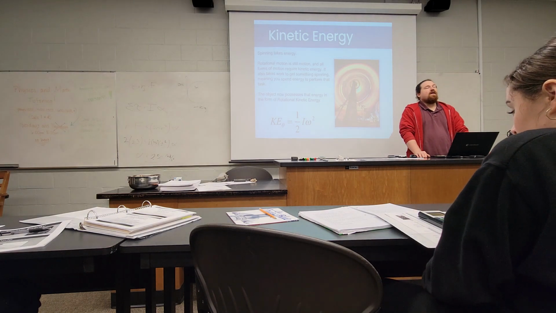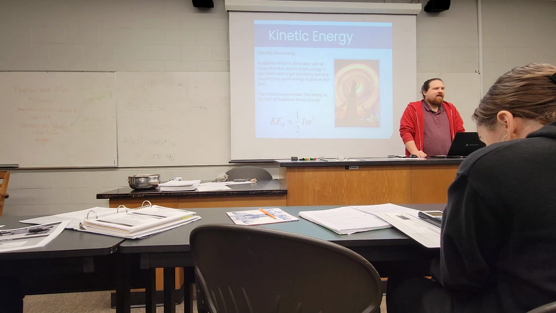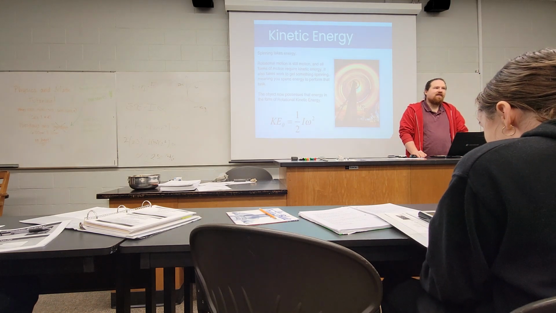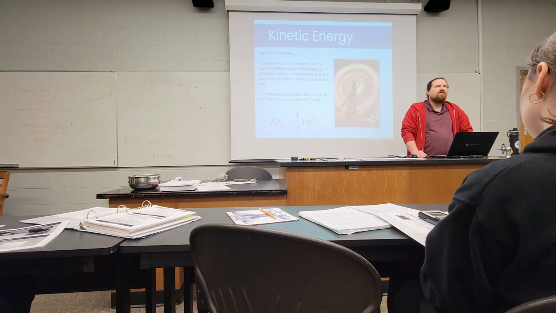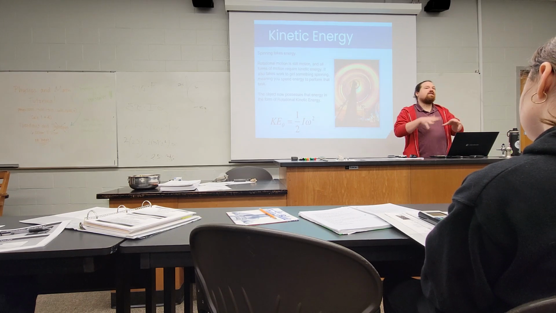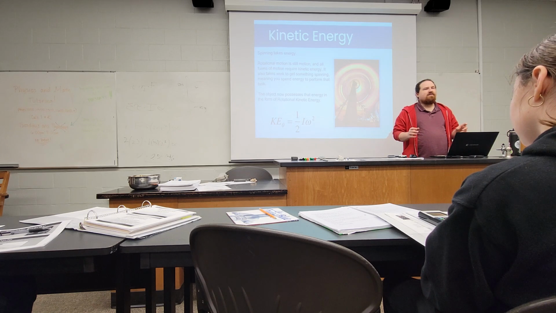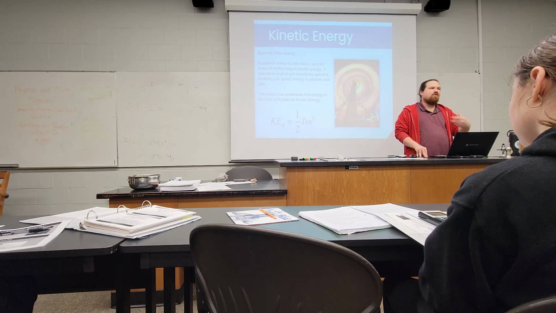All right. Now, angular kinetic energy makes itself known in a few weird ways. Most of the moving objects we've been looking at up until the rotation stuff have been moving in straight lines, and we've tried to avoid them having rolling parts.